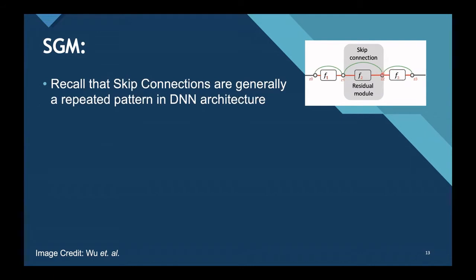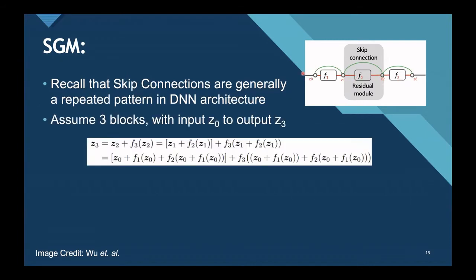Z3 is Z2 plus F3 of Z2, and so on. Z2 is Z1 plus F2 of Z1, and so on and so forth. And if you get this, we can substitute in this equation to compute the derivative of the output with respect to the input.